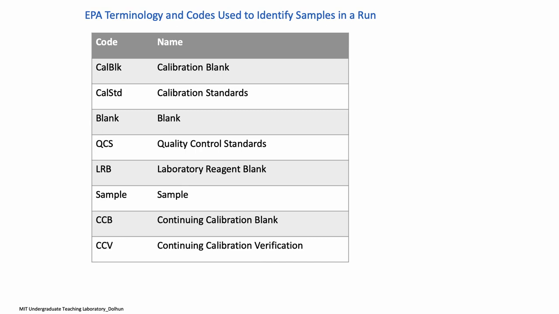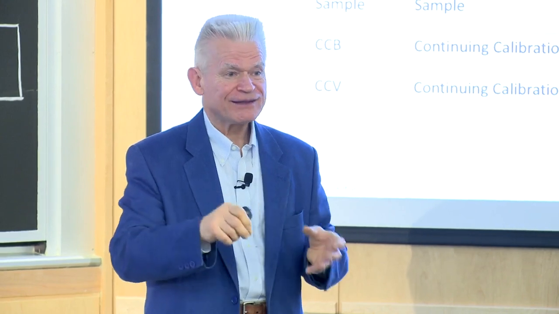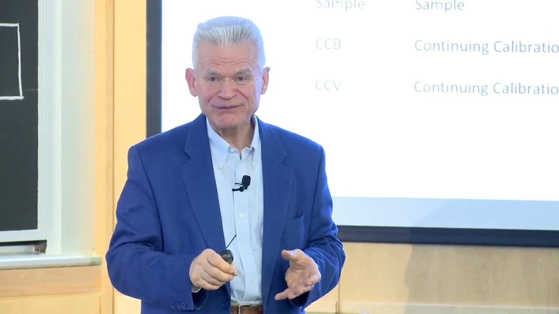We'll also be running something called a laboratory reagent blank, where one of the TAs will take Milli-Q water to the river, open it up and just let it breathe the air there, and then bring it back to the lab. Then they're going to filter that water the same way you're filtering your real river samples, and acidify it exactly like you're acidifying your river samples.